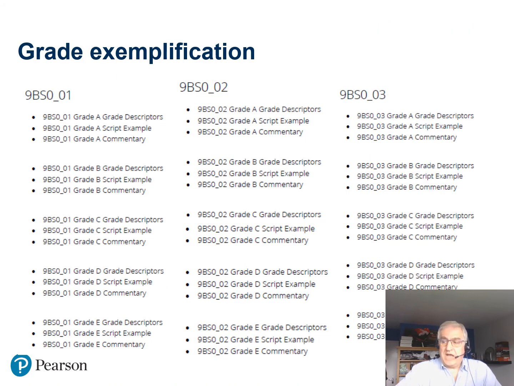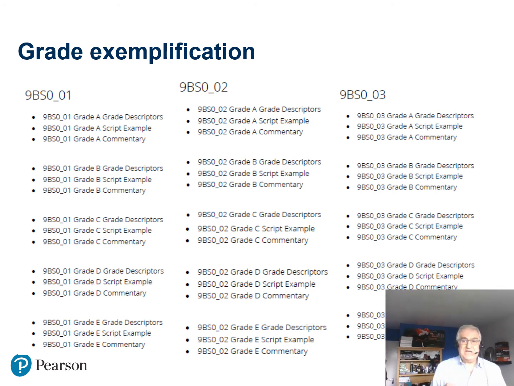We also have on our qualification pages a grade exemplification document. For this, I've put the 3 tables of contents from each of the papers here. You'll see that for each grade on papers 1, 2 and 3 we have an exemplar and a commentary.